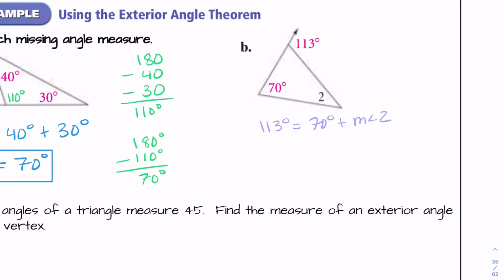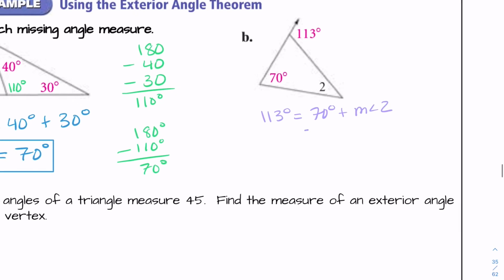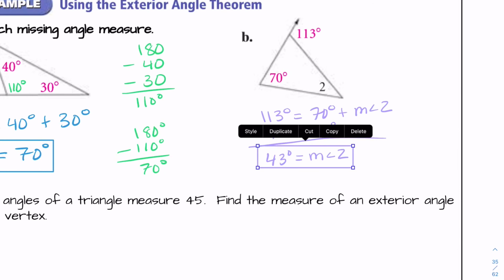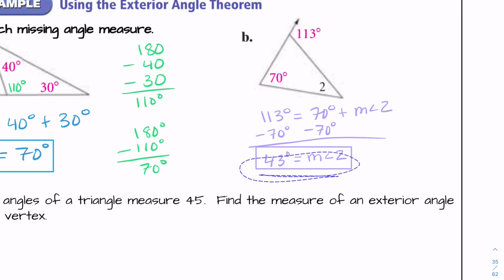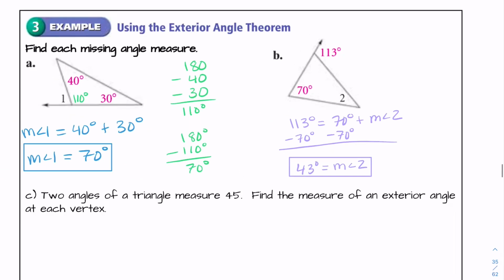So if I add the two remote interior angles, that is going to be equal to the exterior angle. So then I just take away 70 from both sides, and 113 minus 70 is 43 degrees, equal to the measure of angle 2. So it just saves us a little bit of time when we use the triangle exterior angle theorem in the right way.